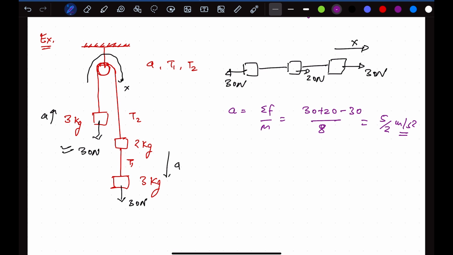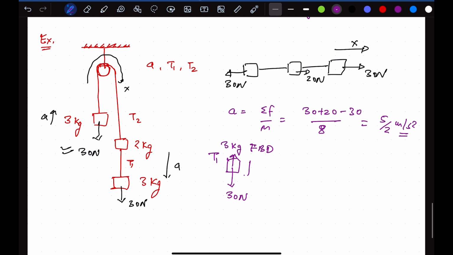Now what to do for T1 and T2? For T1 and T2 we can draw the individual FBD. Let's take the FBD of the 3 kg mass. In this FBD, the 30 Newton is acting in the downward direction, and then we have T1 in the upward direction. Tension is going to pull in the upward direction, and the mass is moving with acceleration a in the downward direction. Let's consider downward positive and upward negative.